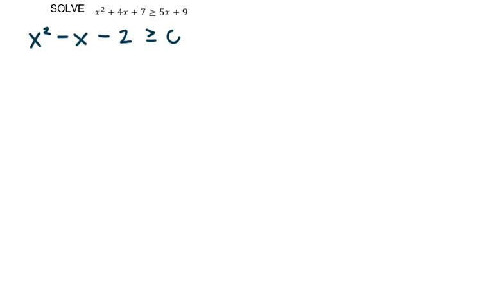So I have it in relation to 0. We want to treat it like an equal sign because we're going to solve this equal to 0. Even though greater than or equal to 0 is what we're ultimately considering, for our solving purposes, we turn it into an equal sign.